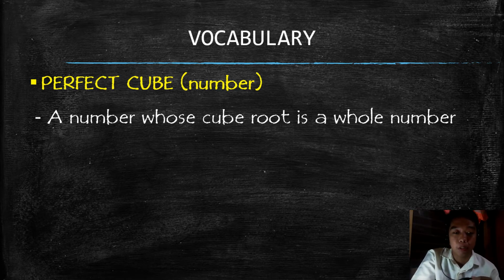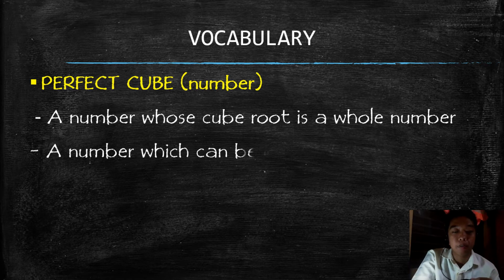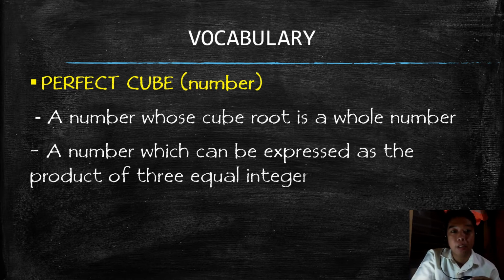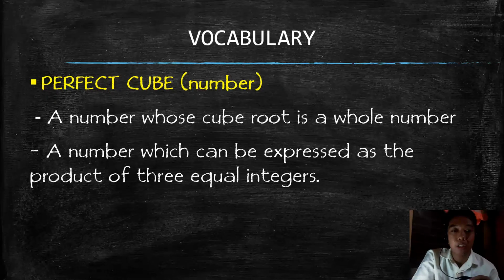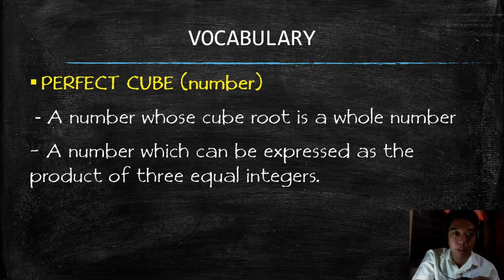Or simply, kapag ang isang number or integer, minultiply mo sa sarili niya dalawang beses, you will get a perfect cube number. Kasi, ang perfect cube number is a number which can be expressed as the product of 3 equal integers.